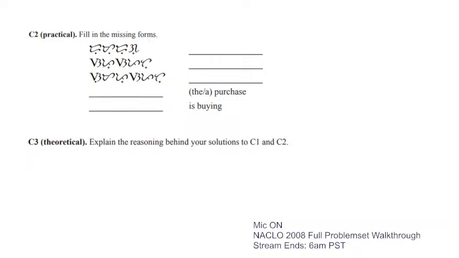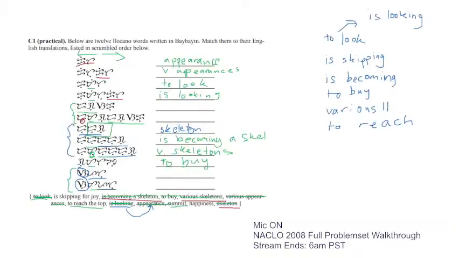This is relating to skeletons, and this beginning part is... how do I know is becoming a skeleton is this one and not this one?